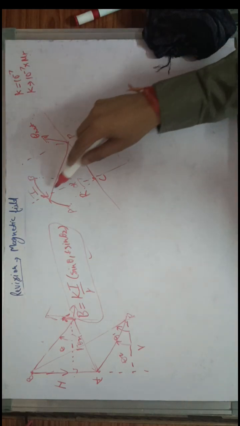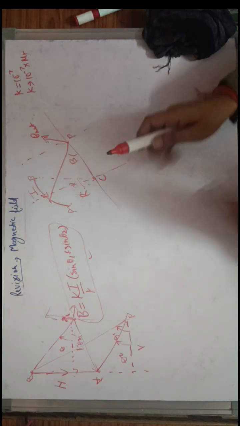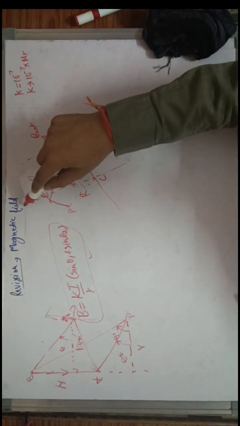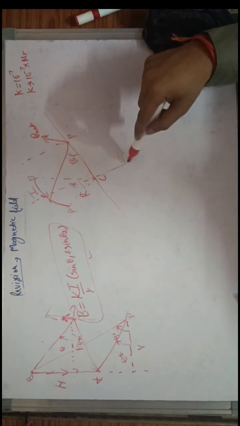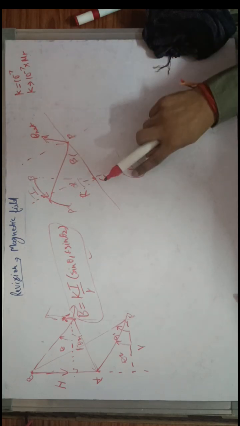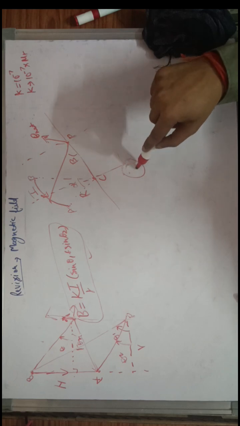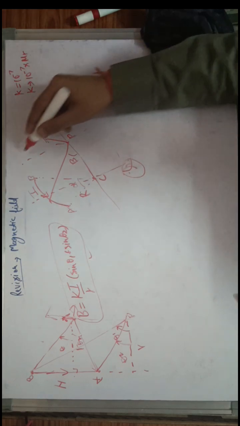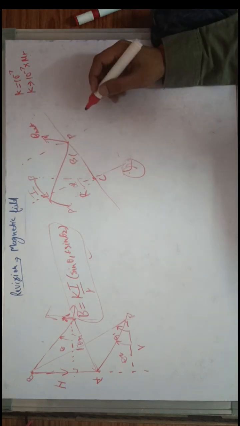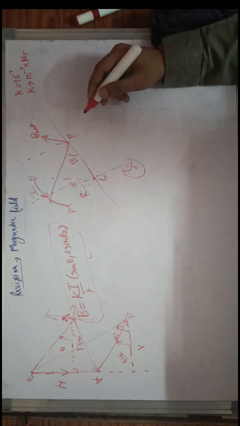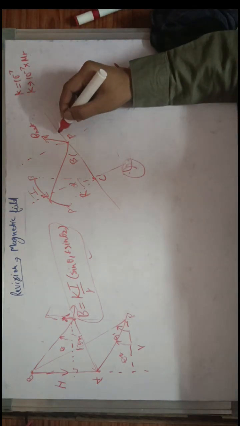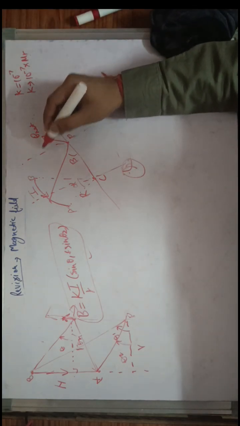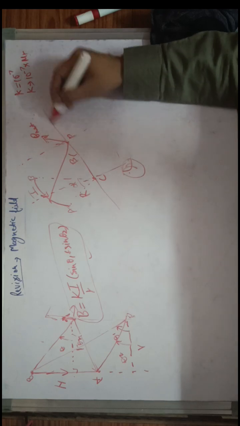This is the line which cuts this arc in two equal parts, means this line about which this arc is symmetrical. Let's say this line is L, then we have to take a line parallel to this line, then the B net will occur in the plane which is in this line and this line.